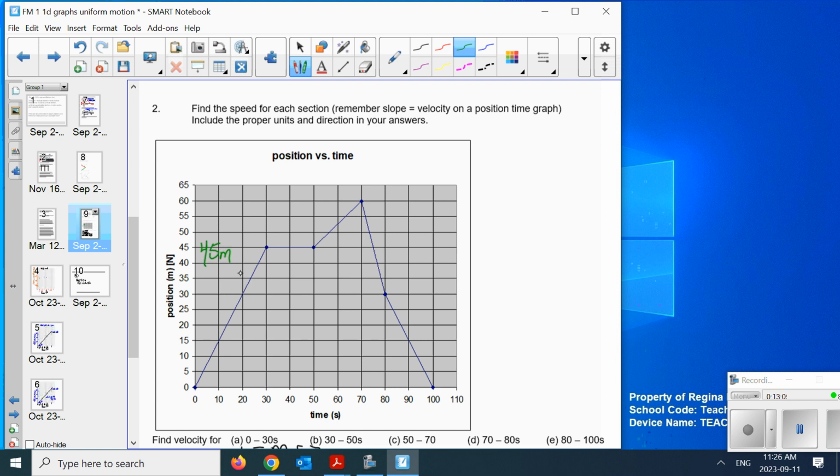And then I'm going to divide by a run of 30 seconds. And it's meters, I'm going to put even the square bracket for the north, because that's different than south. Okay. So when I do that, I get meters per second in my answer. And I can do this one in my head, 1.5 meters per second. And then I'm going to put a square bracket.